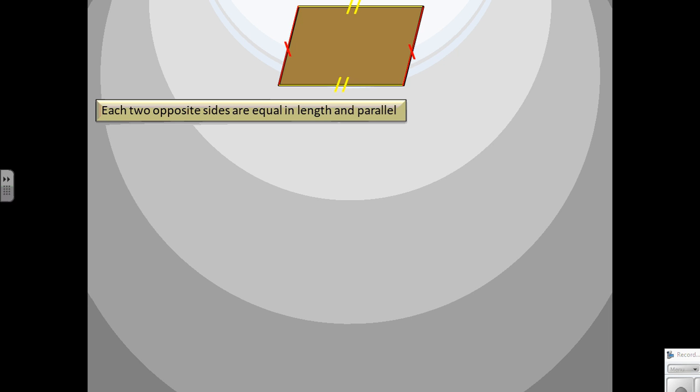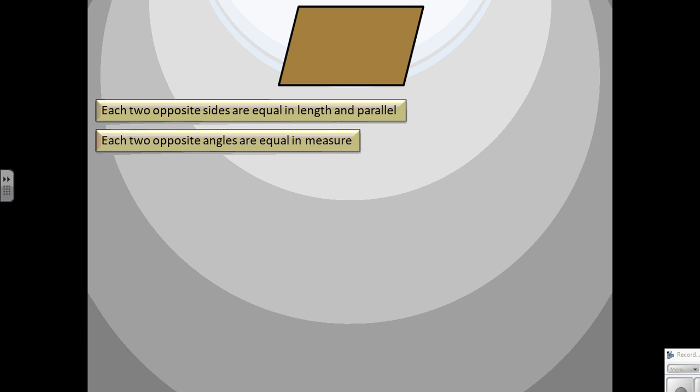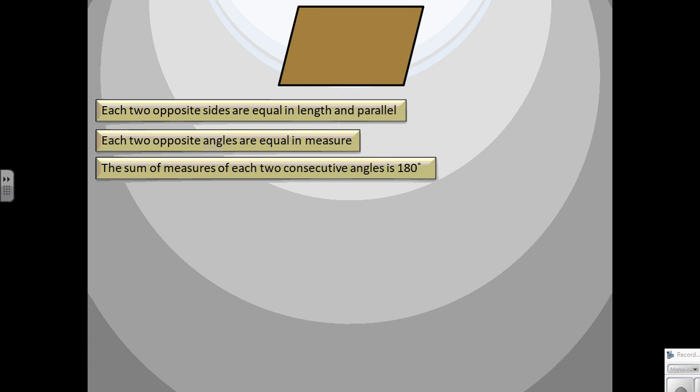The second property: each 2 opposite angles are equal in measure. Here, the yellow and the blue. Excellent. The third property: the sum of the measures of each 2 consecutive angles is 180. What is the meaning of consecutive angles?